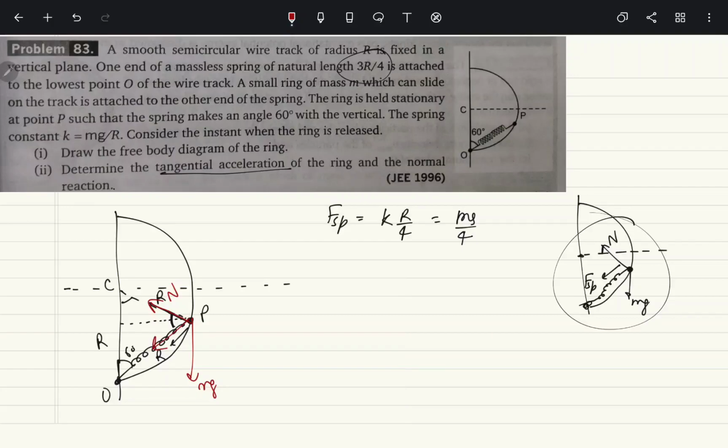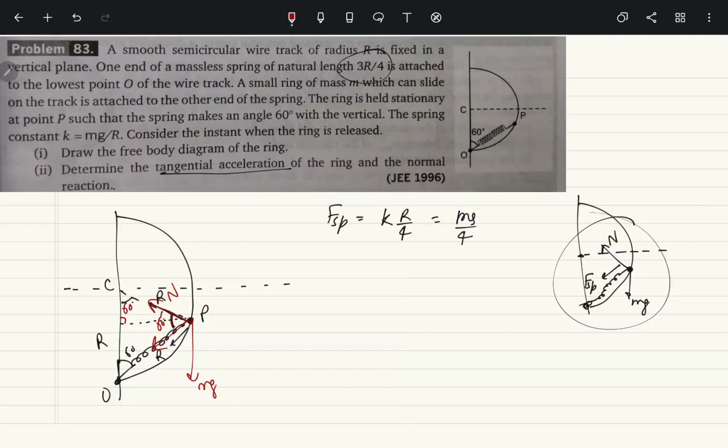Now I'm going to take the components along the normal. Here this angle is 60, this is 90, so this is 30. The total is 60.